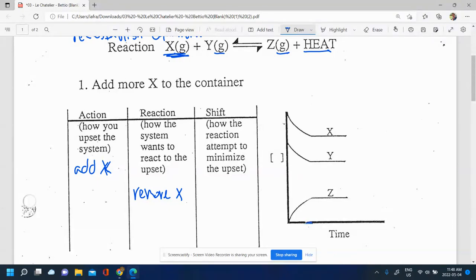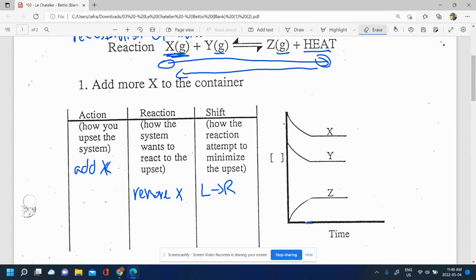Well, the reaction can do two things. It can either go left to right, or right to left. If you go left to right, you're going to use up X and make more Z. So one way to remove X is to go to the right. When you go left to right, you're using up the excess X that you added.